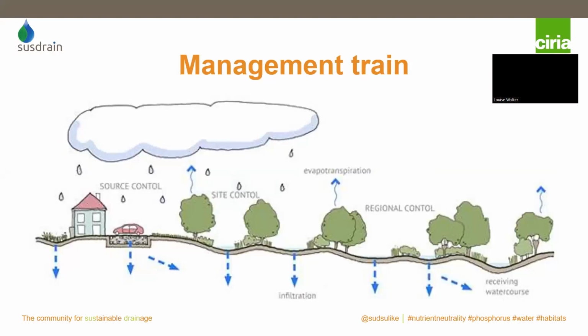So we can divide up a development into subcatchments and think about the flow of water across that catchment and how it can be managed within those subcatchments, and think about source control, so managing the rain water close to its source and infiltrating as much as possible, and then thinking about site control, using evapotranspiration, using the green environment as much as possible, and thinking about regional control before any runoff enters the receiving watercourse.